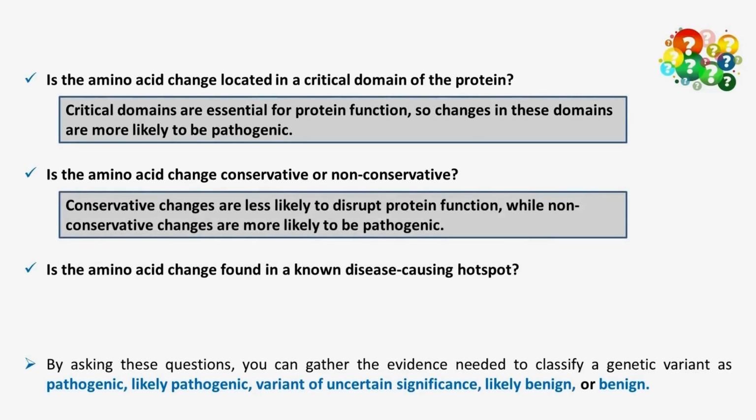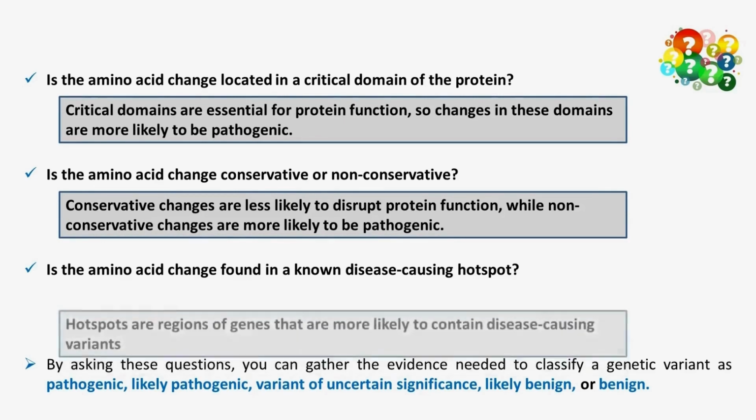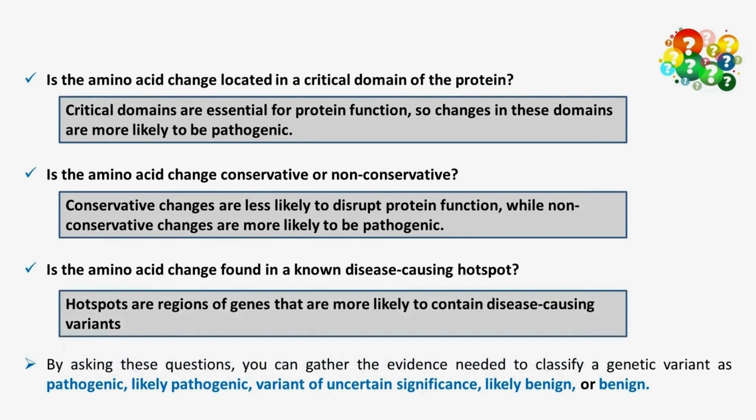If it is conservative, there are more chances of this variant to be benign because conservative changes are less likely to disrupt the protein function, while non-conservative changes are more likely to be pathogenic. Then, is the amino acid change found in a known disease-causing hotspot? If yes, then there are more chances of this variant to be pathogenic because hotspots are regions of the genes that are more likely to contain disease-causing variants.